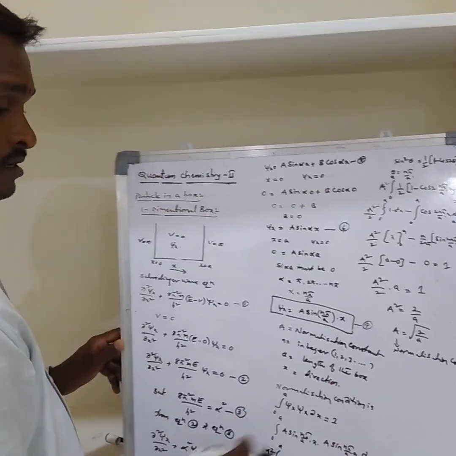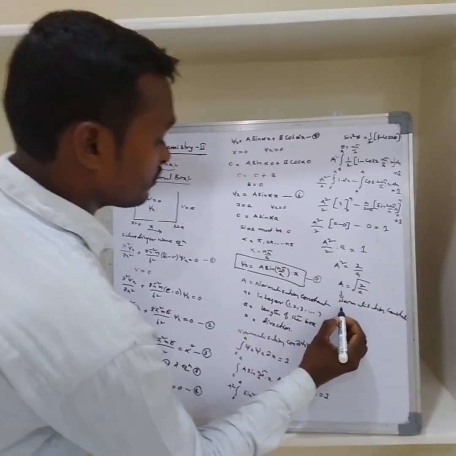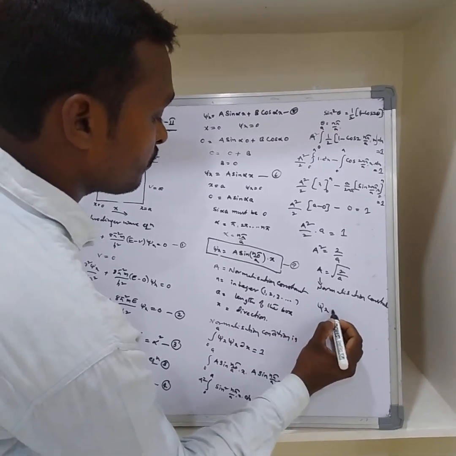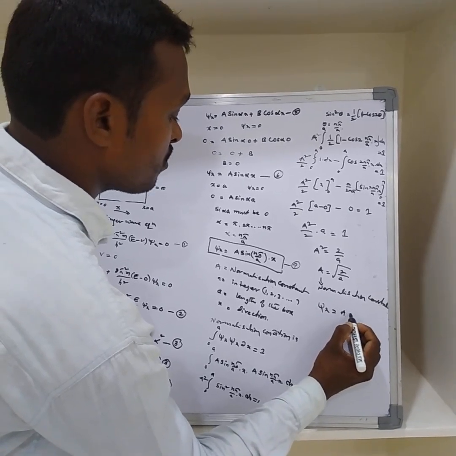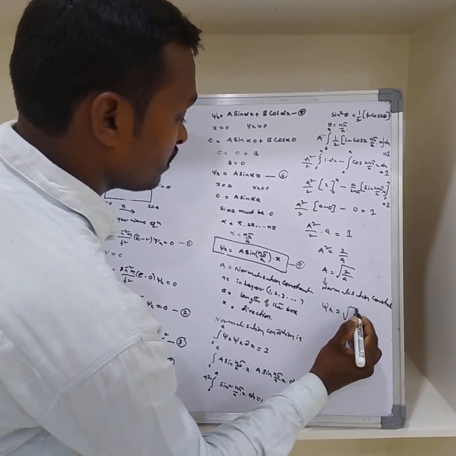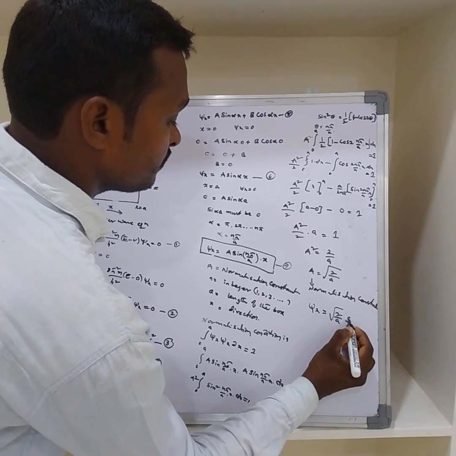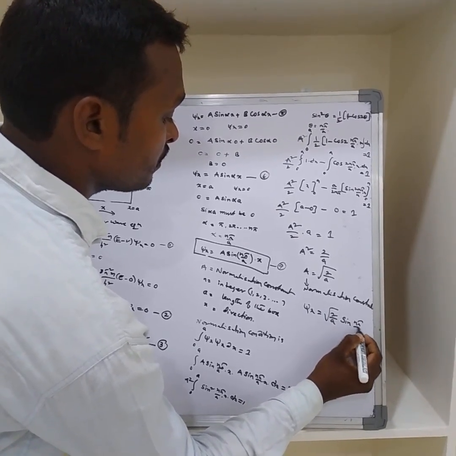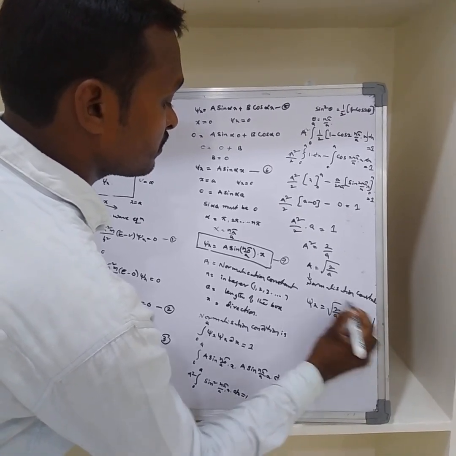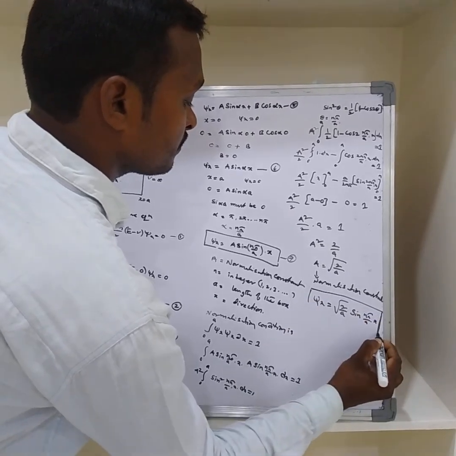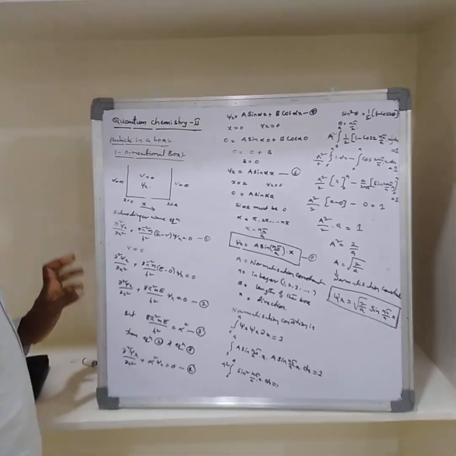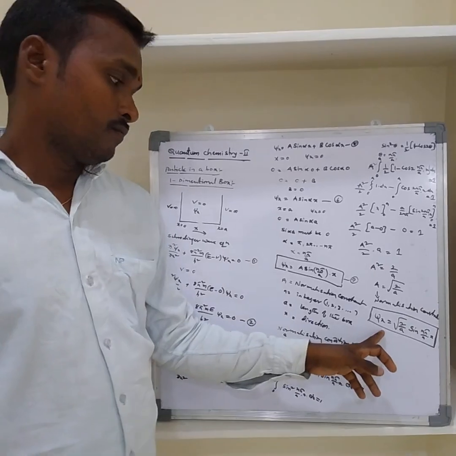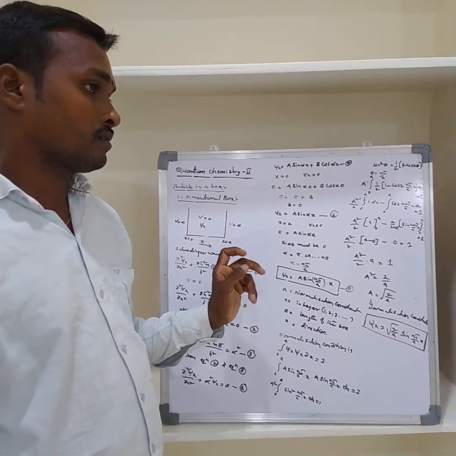Substitute this value in equation number 7. Therefore the final wave function equation for a particle in a 1D box is the square root of 2 by a, sin(nπ/a x). So this is the complete equation for a particle in a 1D box.